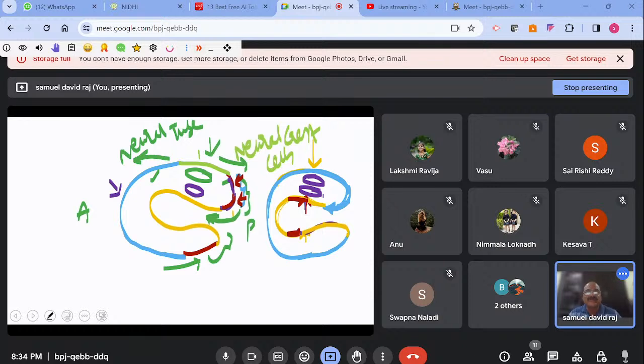So thus, what is established till now? Number one, presumptive ectodermal cells exhibited epibolic movement and ectoderm is formed. Number two, presumptive endodermal cells exhibited invagination and endoderm is formed.